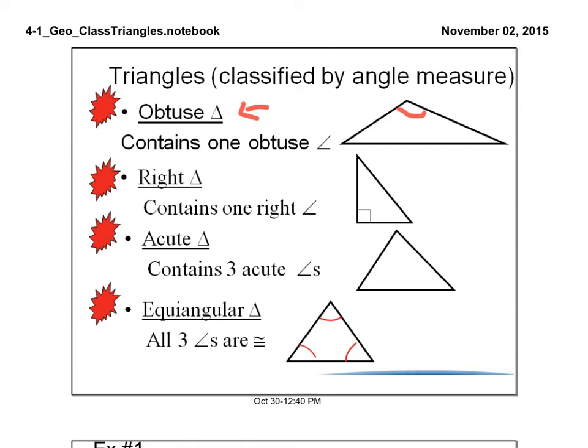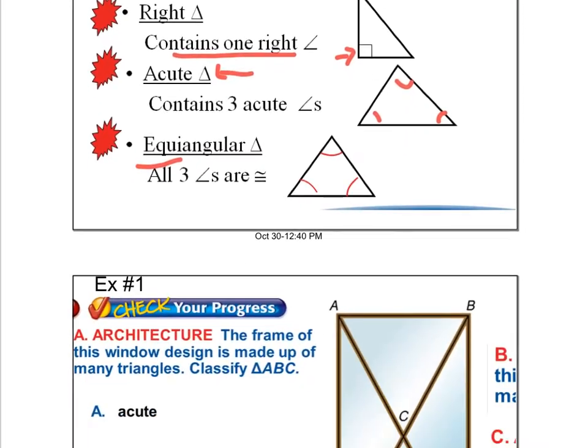Right triangles contain one right angle, indicated there. Acute triangles are probably the most popular, along with right triangles, and those are when all three angles are less than 90 degrees. And equi means equal again, so equiangular means all three angles are equal.